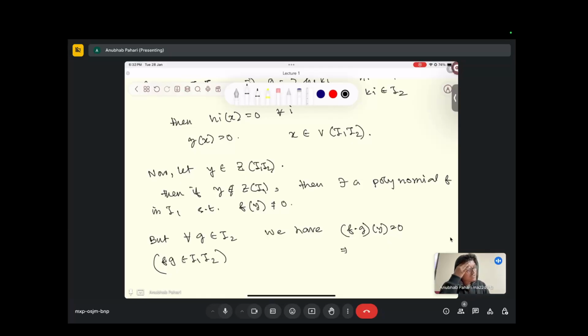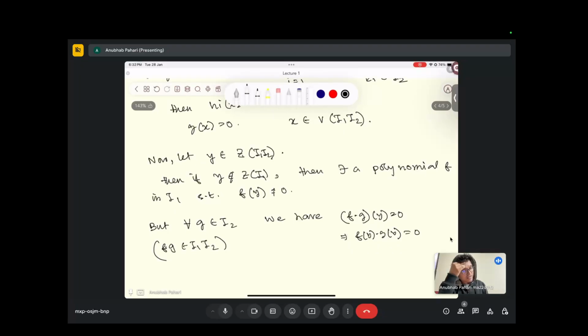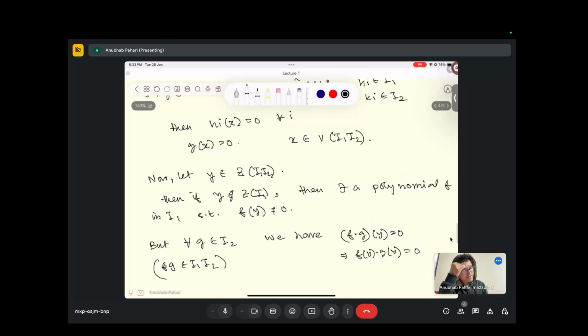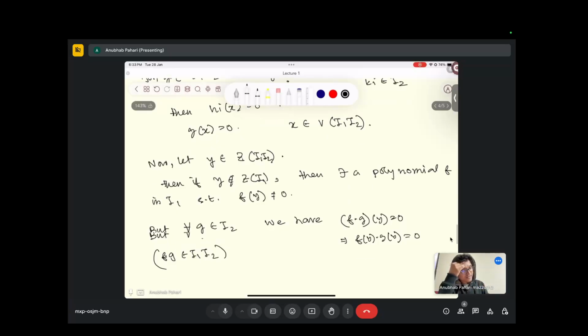This is pointwise multiplication. So this is 0 for all the polynomials g.